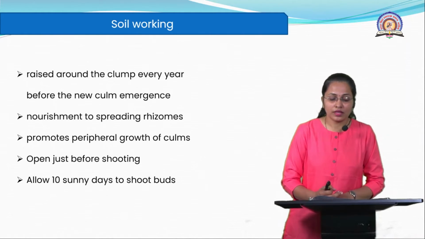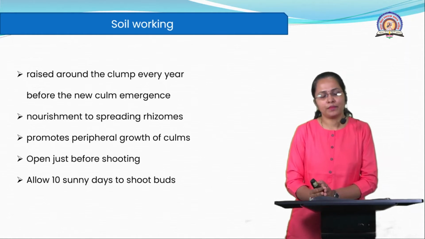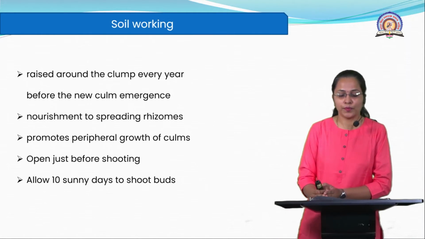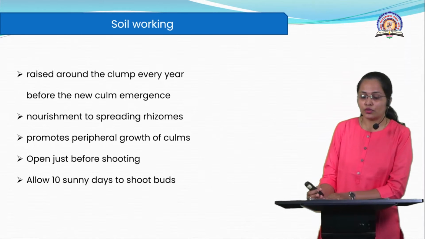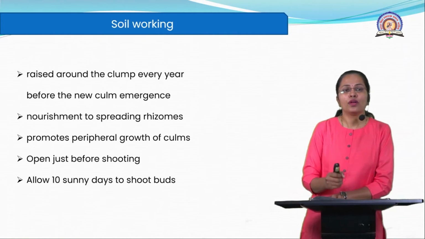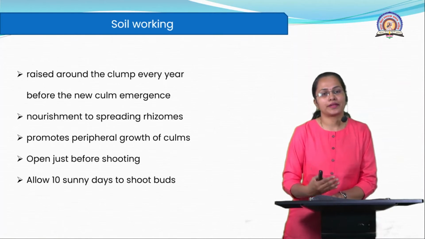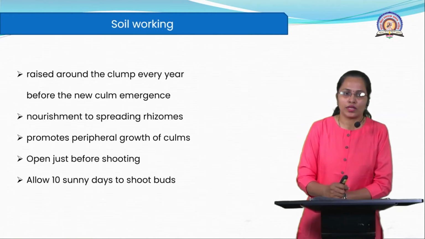The soil is an important source of nutrients for any plant, and therefore we have to maintain the nutrients in the soil, and every year we have to raise the soil around the bamboo clump in order to add new nutrients into the soil.